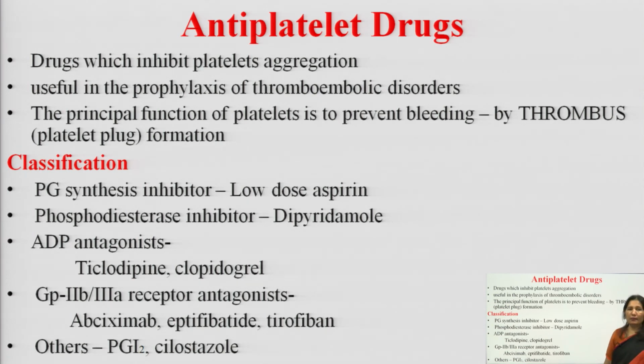Next is antiplatelet drugs, which are very important. These are the drugs which inhibit platelet aggregation. As we have already studied, whenever there is damage to a blood vessel, there is a complex interaction between vascular endothelium, platelets and coagulation factors.